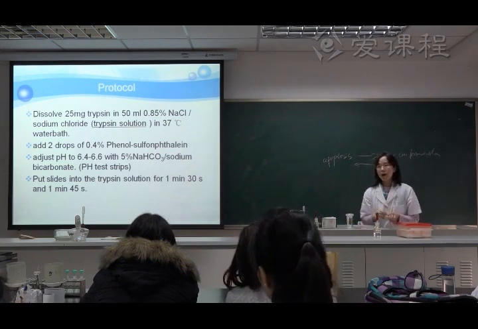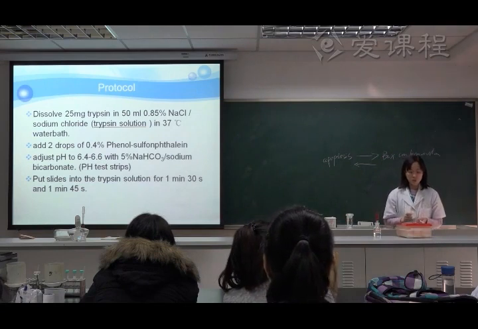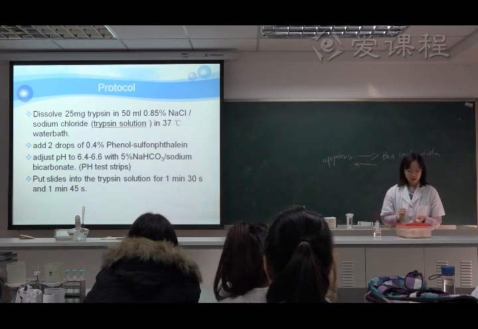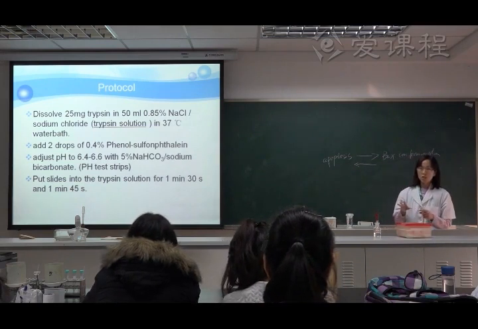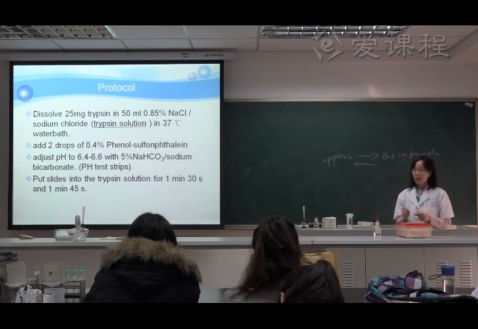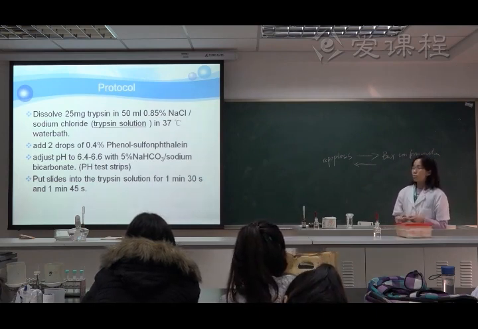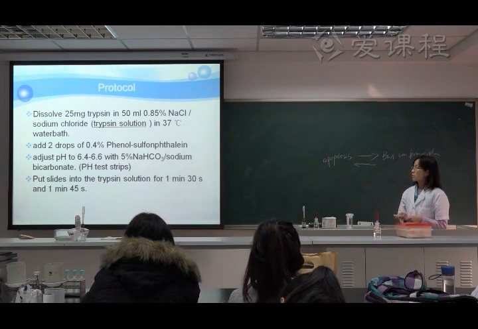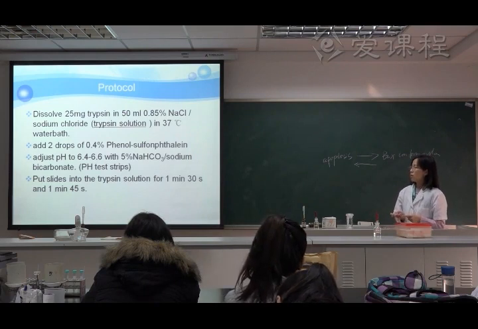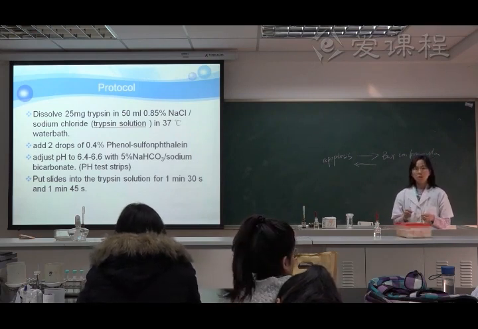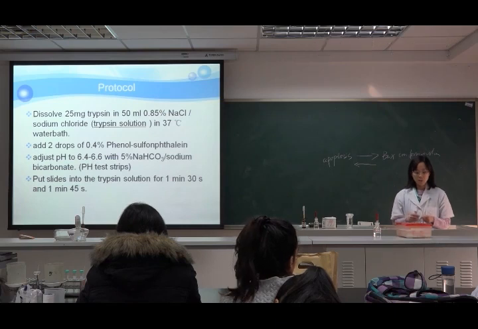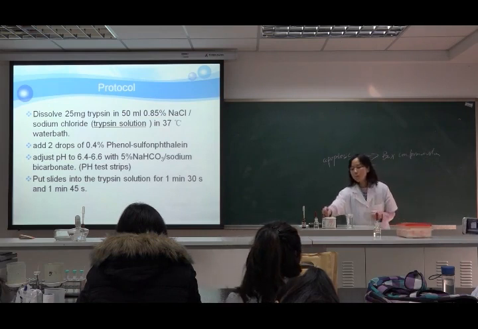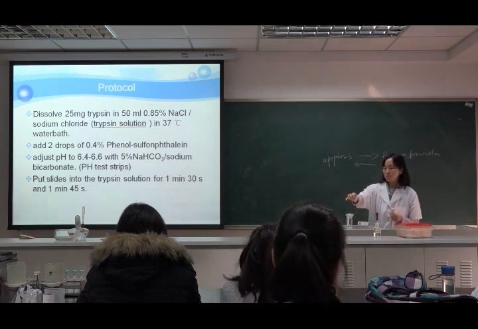Then we add 2 drops of 0.4% phenol red, and the color will change. We adjust the pH to 6.4 to 6.6 with 5% sodium bicarbonate, using the pH test strips. Then we put the slides into the trypsin solution.